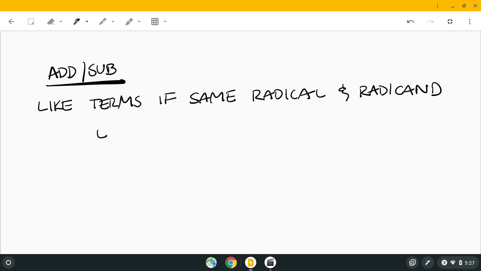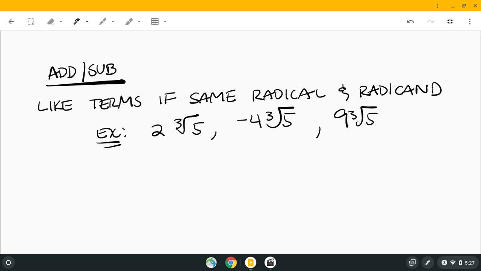Okay, so for example, these three terms, 2 cube root of 5, negative 4 cube root of 5, and 9 cube root of 5. All of these are like terms, because all of these are cube roots, and all of these are cube roots of 5. Cube root of 5, cube root of 5, cube root of 5, okay?